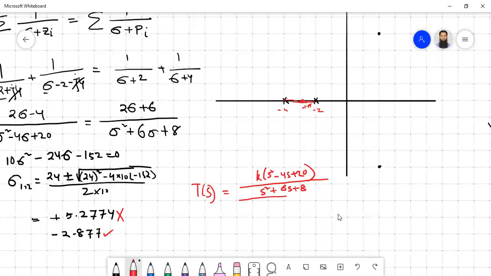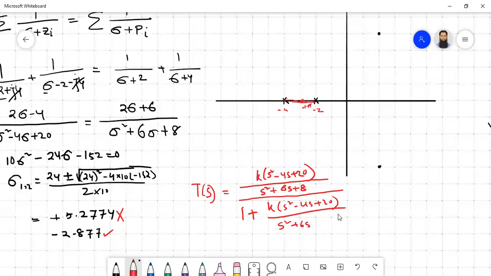So this is KG of s over 1 plus the same thing repeated, because H of s is 1, unity feedback.